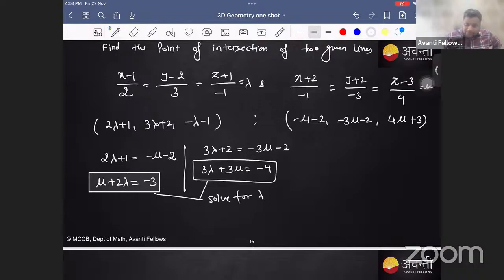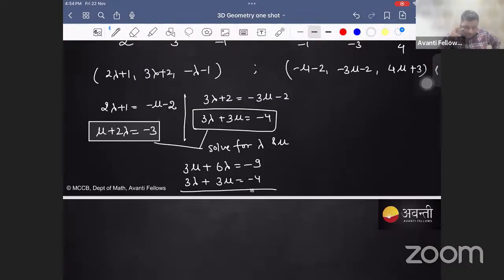Multiply the first equation by 3: 3 mu plus 6 lambda equals minus 9. This is 3 lambda plus 3 mu equals minus 4. If I subtract both of them, I get 3 lambda as minus 5, so lambda is minus 5 upon 3.